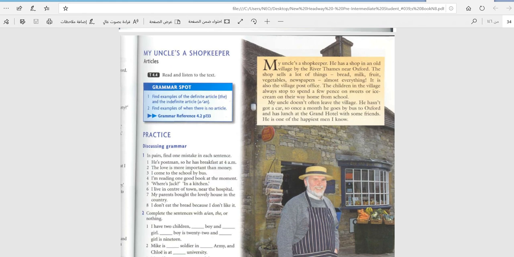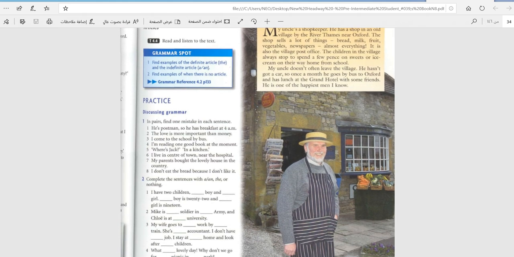He sells vegetables, newspapers, almost everything. It is also a village post office. The children in the village always stop to spend a few pence on sweets or ice cream on their way home from school.